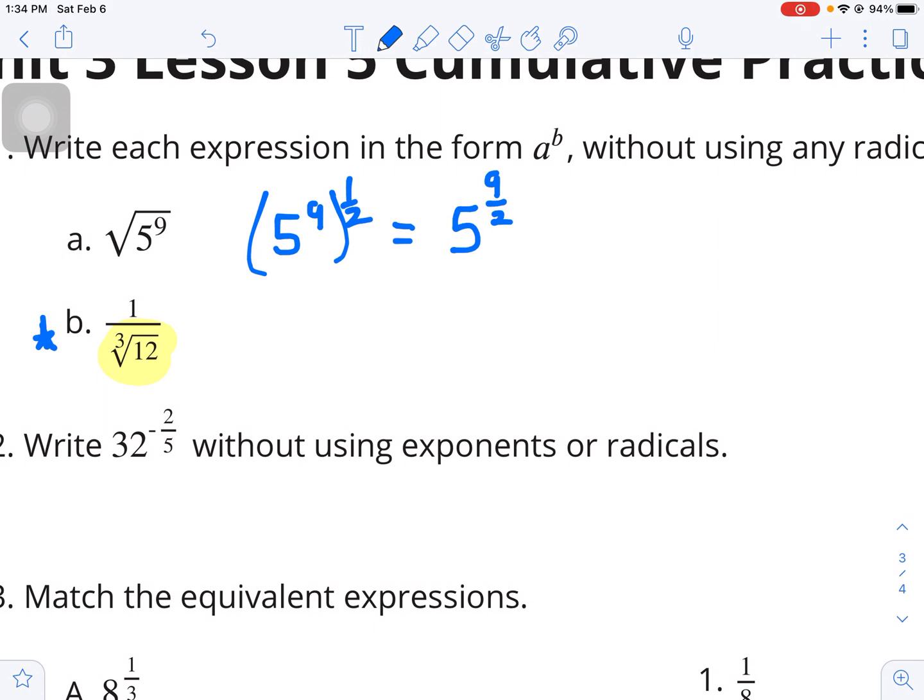If we just rewrite it with the 12 to the 1/3 here, that's what the cubed root of 12 is. And then if we want it in this form, though, we don't want it in the denominator, so we're going to shift it up. And anytime you do that, you change the sign on the exponent. So it's 12 to the negative 1/3.